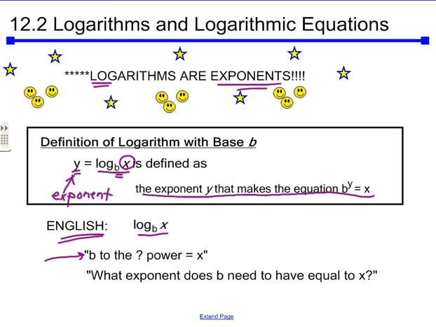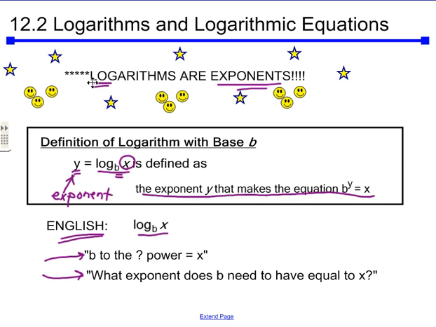So b to some power, I don't know what power, is going to be x. So the other question is, what exponent does b need to have so that the answer equals x? That's going to take practice over and over again to think about what a log is. All right, it's an exponent.